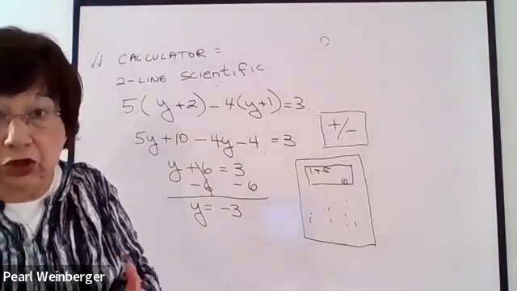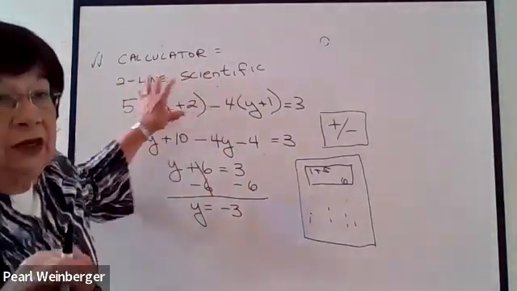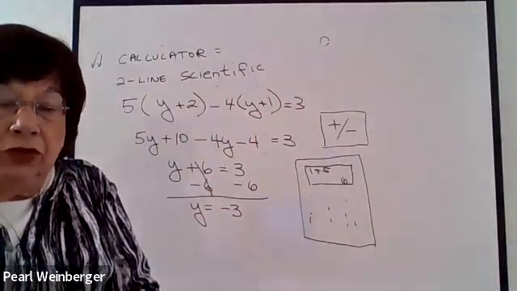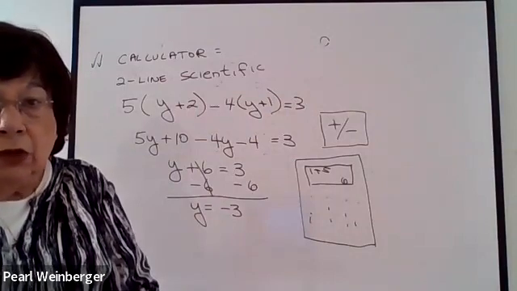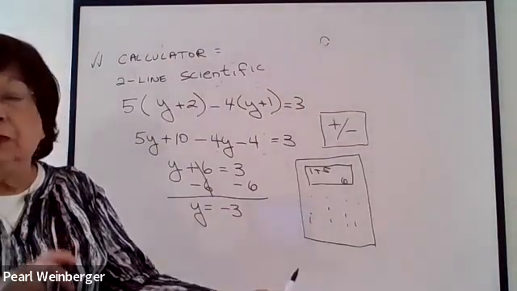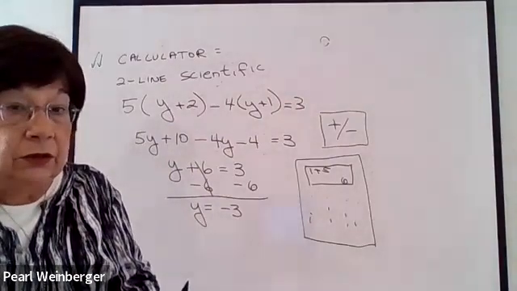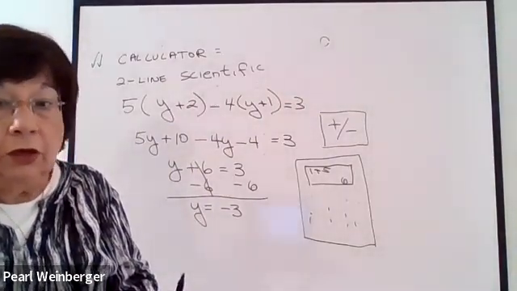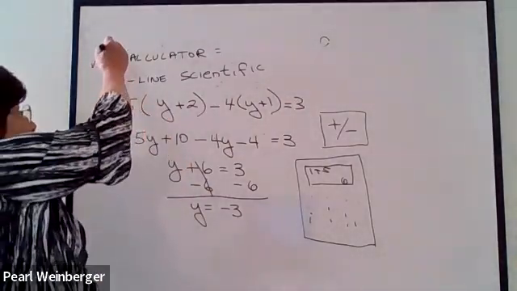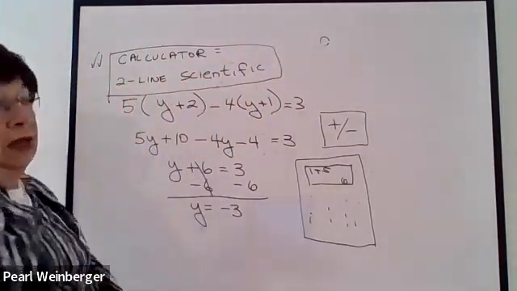If you just want to check your answers, you put in the numbers exactly the way you see them. It's what's called direct algebraic logic, and it'll do things in the correct order. You won't have to tell it to first multiply and then add. In one-line calculators, if you don't put things in the correct order, you're going to get the wrong answer. So for all of these reasons, you want to get a two-line scientific calculator.